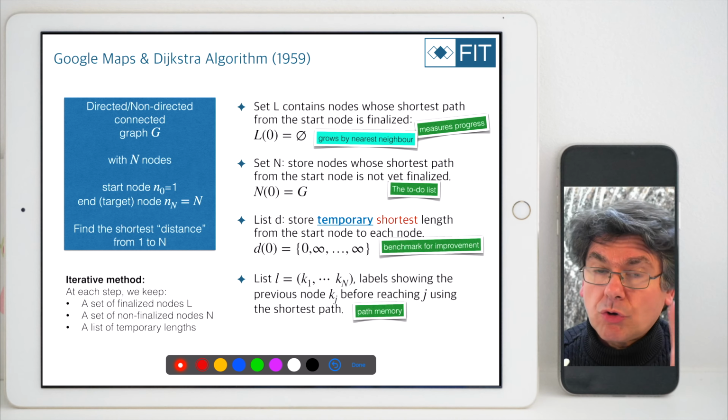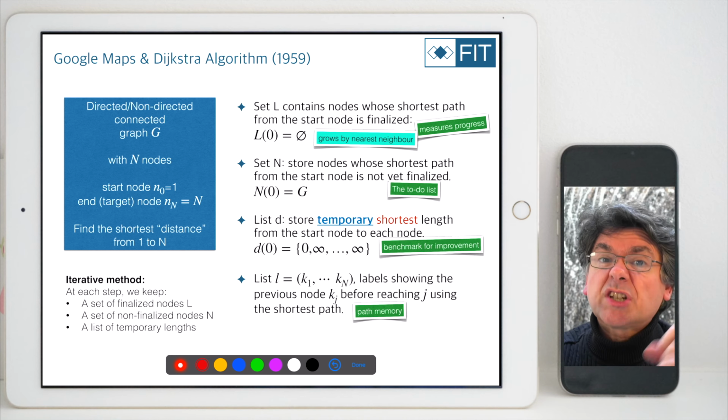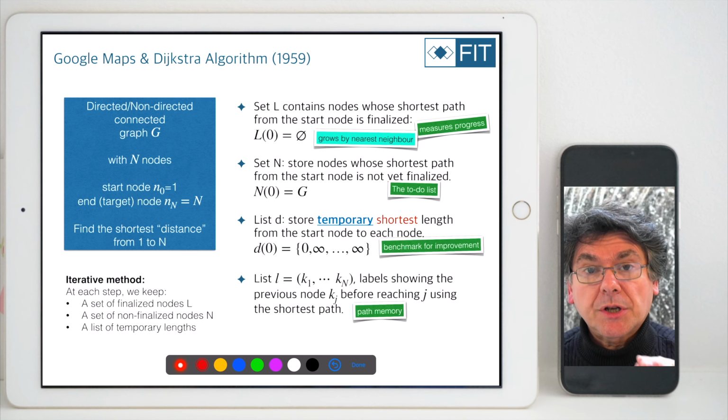Just the previous node, not the 2nd or the 3rd previous node, just the previous node that took us here. With all of this information organized in this way, we can now set up the recursive algorithm that is guaranteed to converge to the optimal solution of our optimal distance path from node 1 to node n.